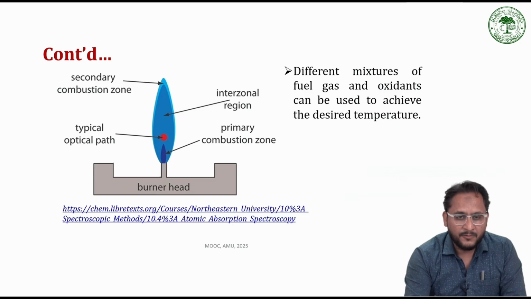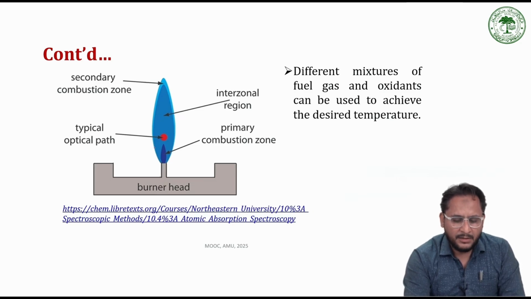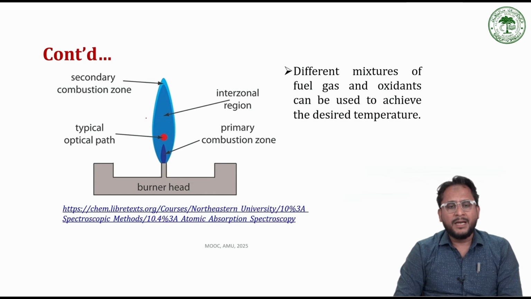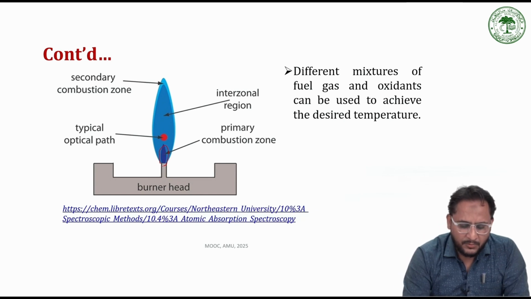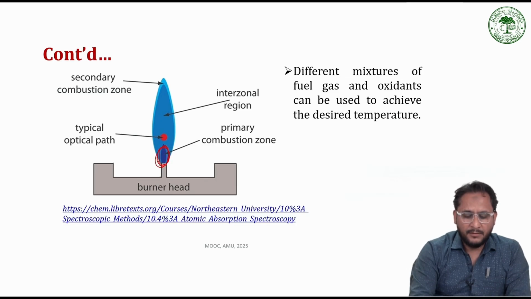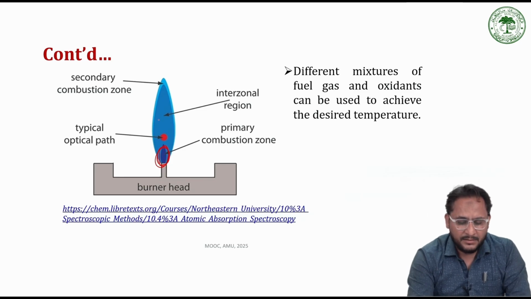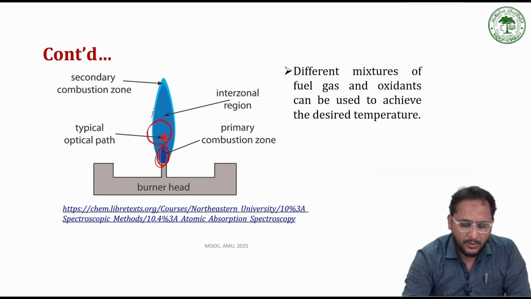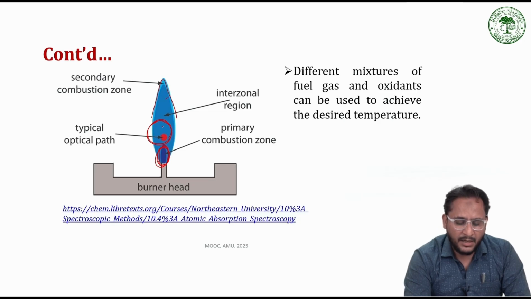So we have this type of flames that are being formed in these flame atomizers, and these flames have three different zones. This is called the primary zone, and in this zone we have a temperature that is a little bit lesser than the temperature in this middle portion. This outer portion is called the secondary flame. The secondary flame, although it has a high temperature, is not the hottest section.